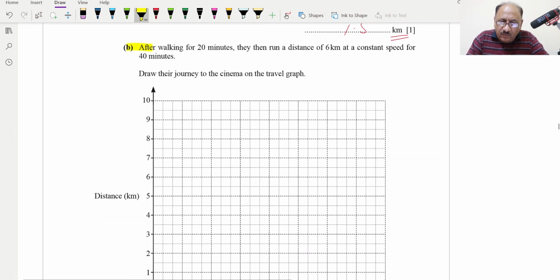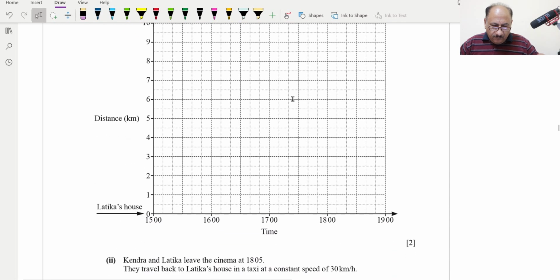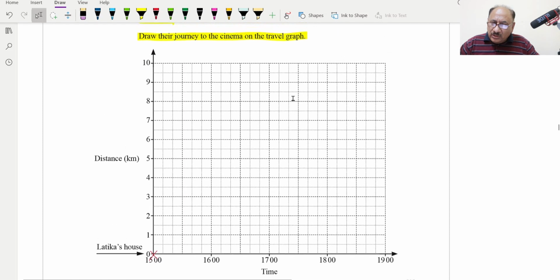Now after walking for 20 minutes, they run a distance of 6 kilometers at a constant speed for 40 minutes. Draw this journey to the cinema on a travel graph. So on a travel graph we have to show this journey. We show this from 15. They start and cover a 1.5 kilometer distance in 20 minutes.